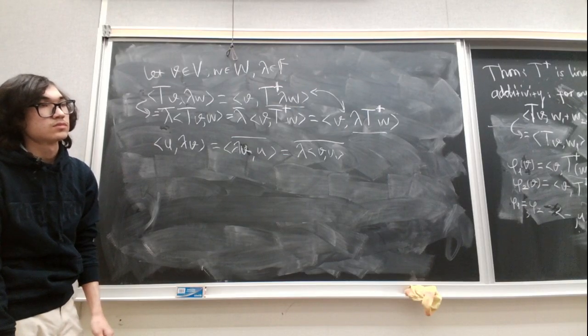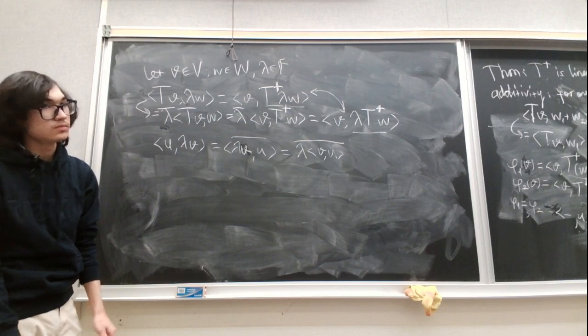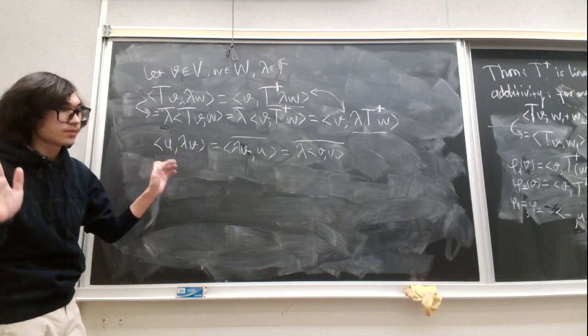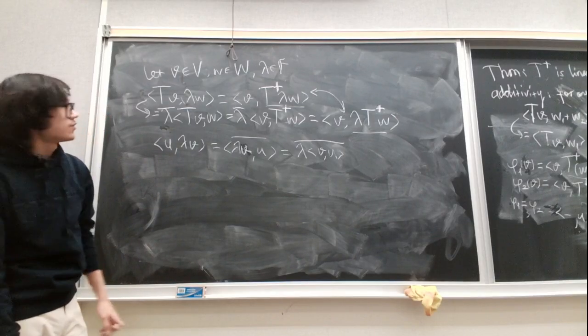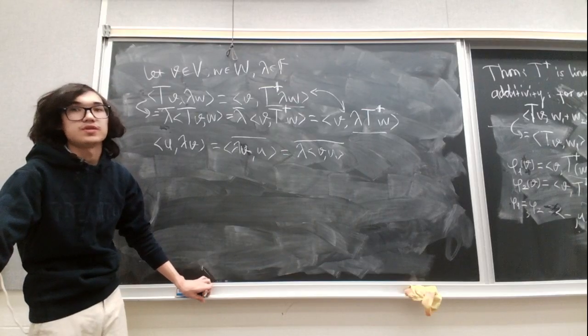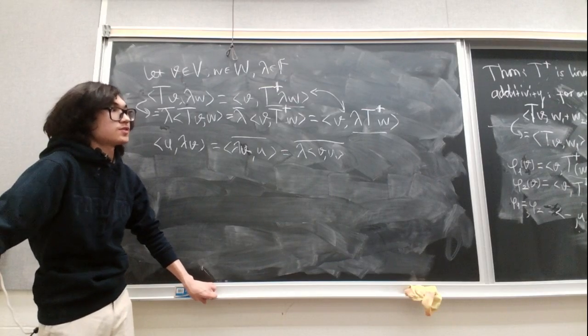So I guarantee that V inner product V is greater than or equal to 0, and a real number. Great, so that concludes the proof. And now we know that T dagger is in fact a linear map.